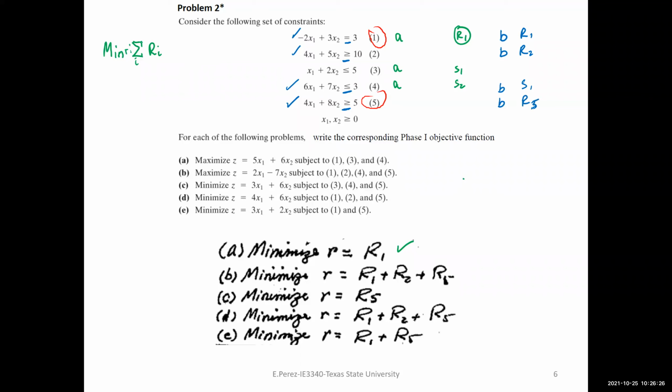So let me call it R5. So if we go back to this, for phase one, we have to do the minimization of R, which is the summation of all the R's. So in this case, that's R1 plus R2 plus R5, which is what we have here.